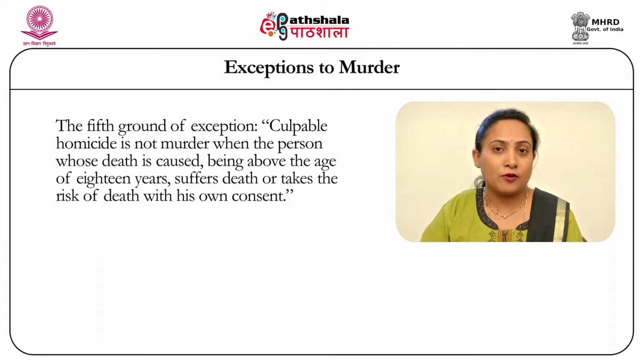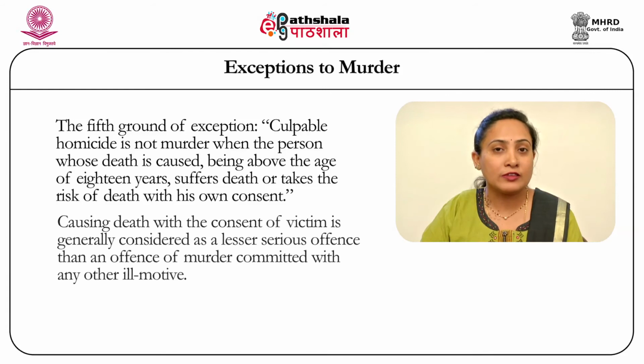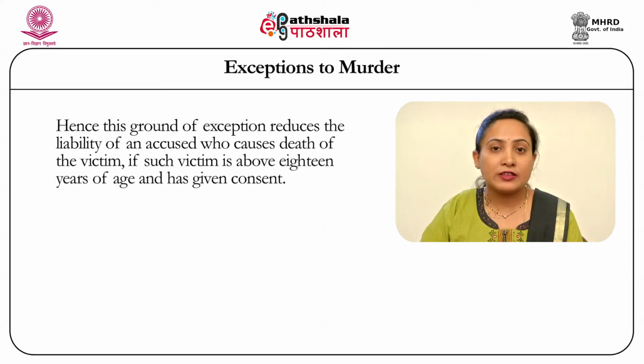This makes the offence of death an offence of manslaughter or culpable homicide not amounting to murder. Causing death with the consent of the victim is generally considered a lesser serious offence than murder, because the motive over here need not necessarily be an ill motive. Hence, this ground of exemption reduces the liability of the accused from that of murder to that of culpable homicide.